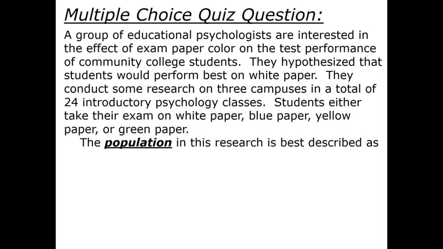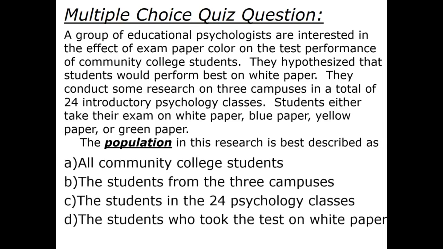The population in this research is best described as A. All community college students, B. The students from the 3 campuses, C. The students in the 24 psychology classes, or D. The students who took the test on white paper. Pause the video now to give yourself some time to correctly answer the question.